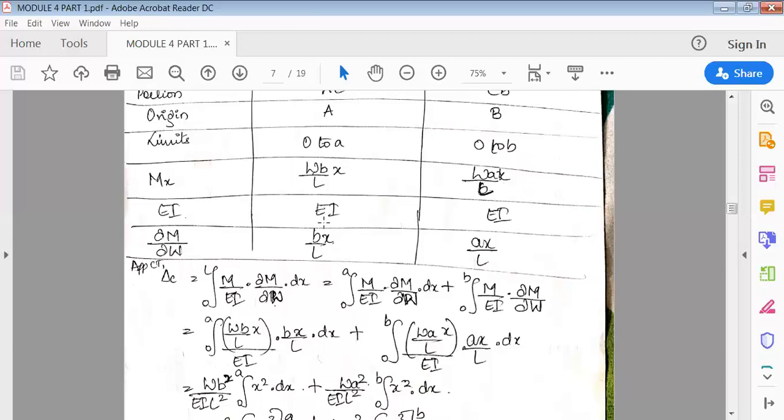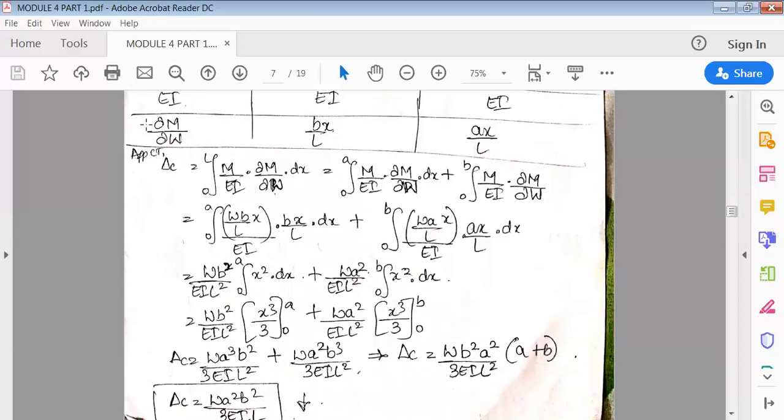So next, apply Castigliano's theorem. When you apply it, again it is integral from 0 to L of M over EI into ∂M/∂W, where earlier we used P, now it becomes W, into dx.